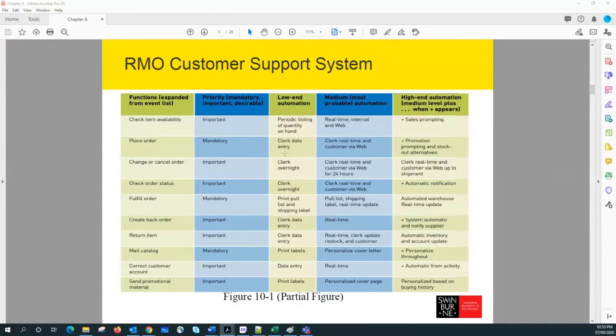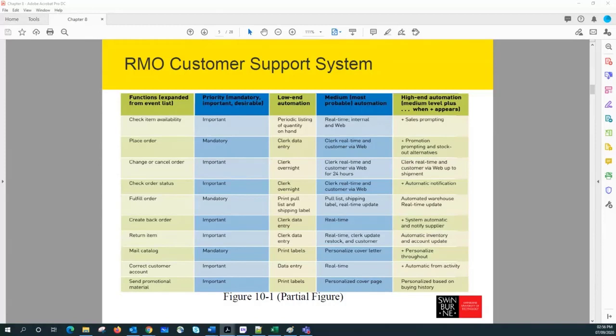At least some level of automation, because that is considered one of the critical functions for this subsystem. So likewise, we can include various levels of automation for each function.